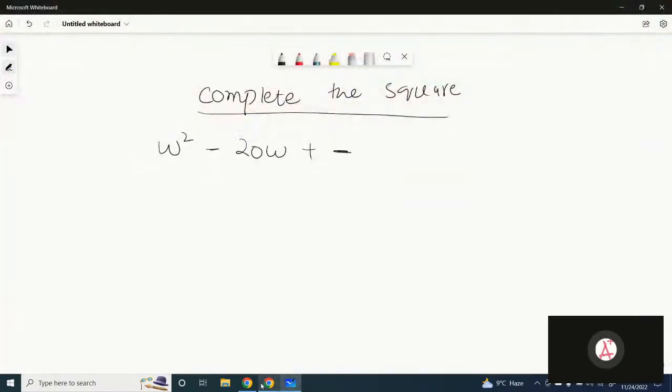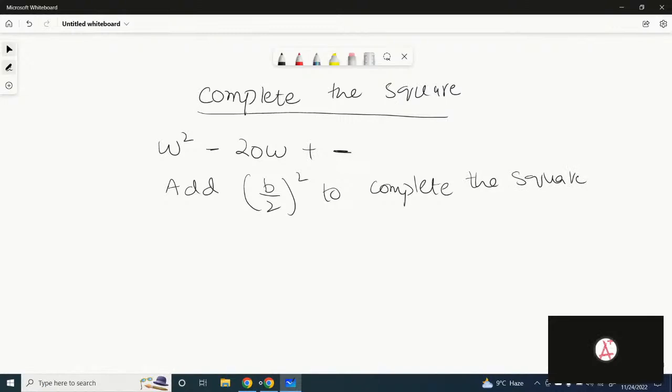Okay. How can you find the missing value? You have to add b divided by 2 square to complete the square. If you equate this equation with the general form of the equation, it would be ax square plus bx plus c.